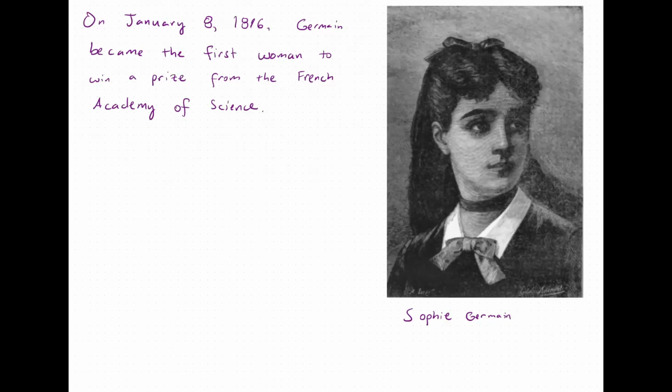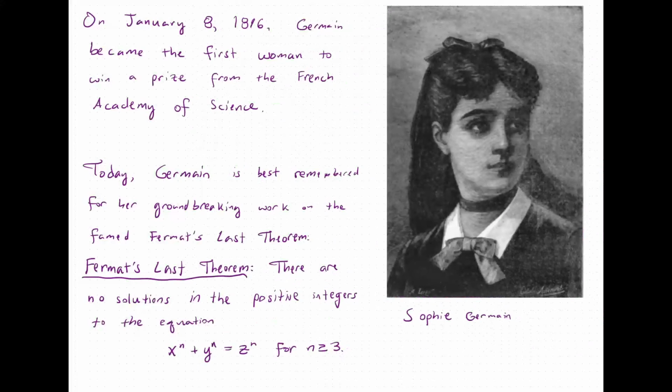And so oftentimes in history, Sophie's contributions are not discussed because Poisson usually takes credit even though he based his work on hers. However, she is best remembered for her profound contributions in number theory, specifically with regards to Fermat's last theorem.